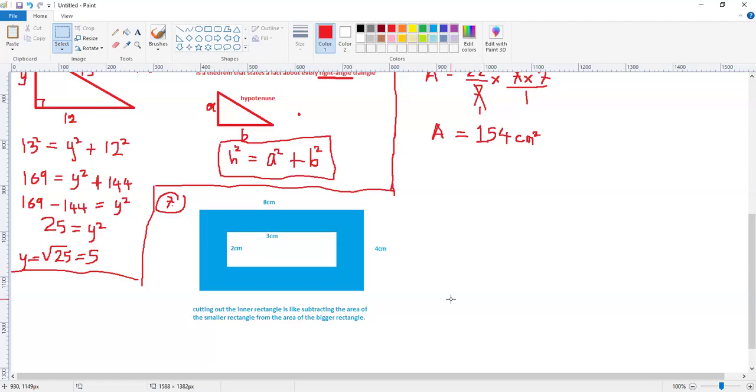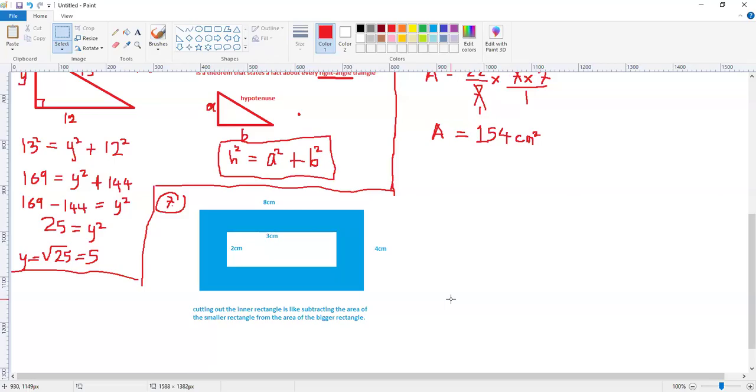No. Okay, all right. Maybe I'll need to remind you. So the area of a rectangle is length times breadth. Some books will say length times breadth, the product of the length and the breadth.